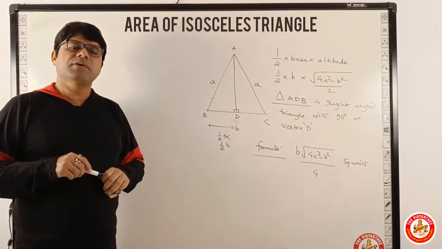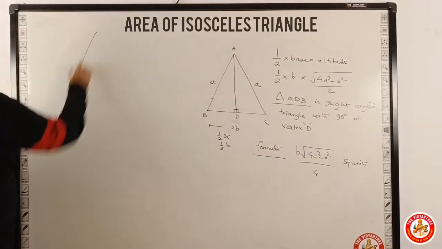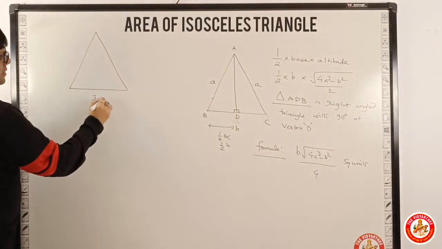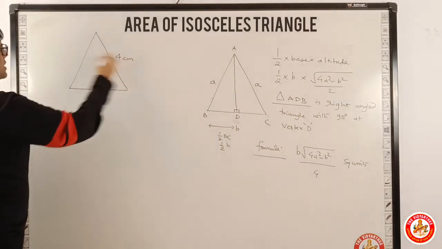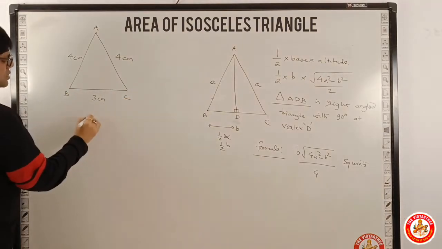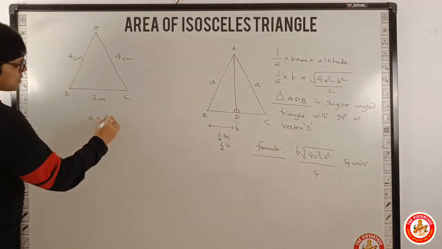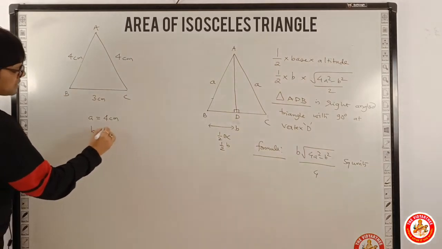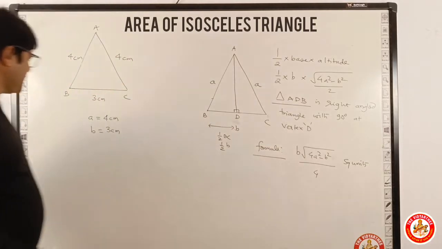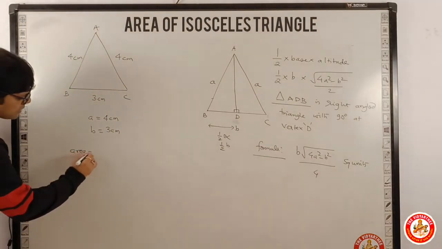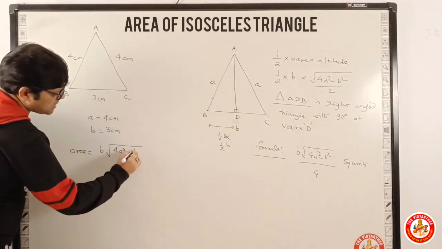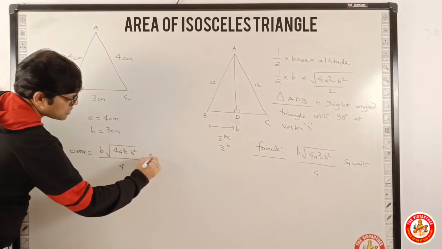Let us take an example of an isosceles triangle where this has 3 centimeter and these two have 4 centimeter each. Now this is A, this is B, this is C. So what is the measure of a? It is 4 centimeter. And what is the measure of b? It is 3 centimeter. Now if you know this formula, the area is going to be b times under root 4a square minus b square whole divided by 4 square units.